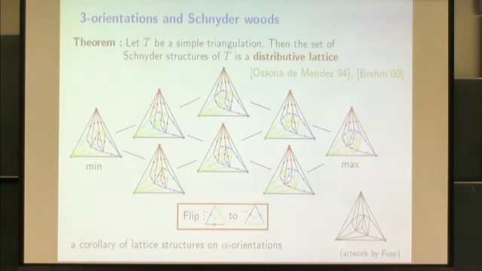And we know, because of the general result about the lattice structure of alpha orientations, that these Schnyder structures on triangulations are endowed with a lattice structure, and there is a minimal one and a maximal one. And in fact, the flip relation is that flipping along triangles is enough.